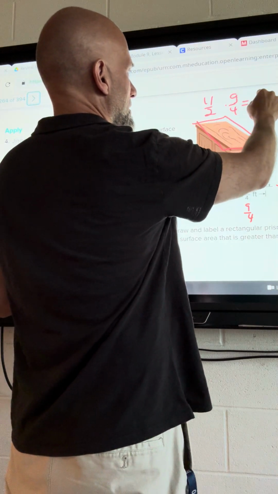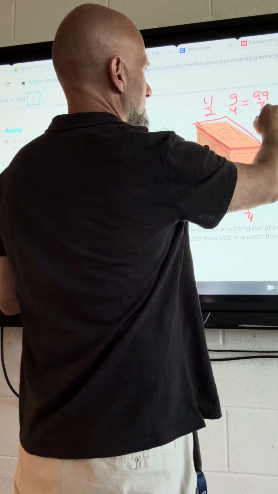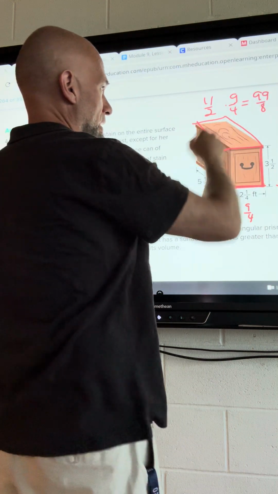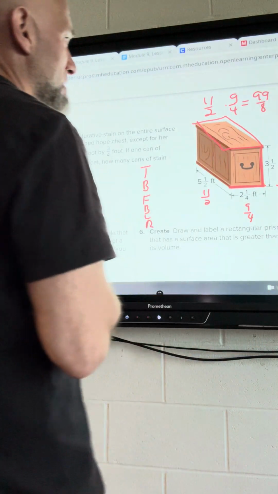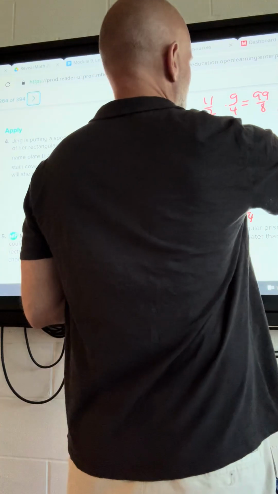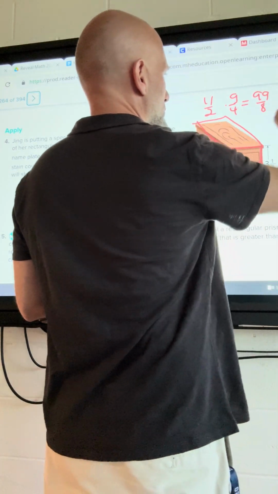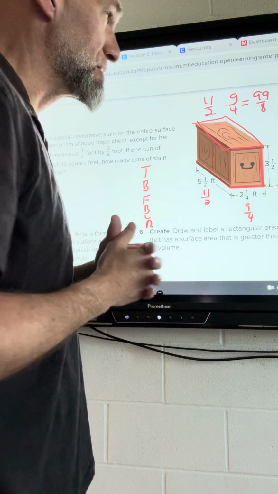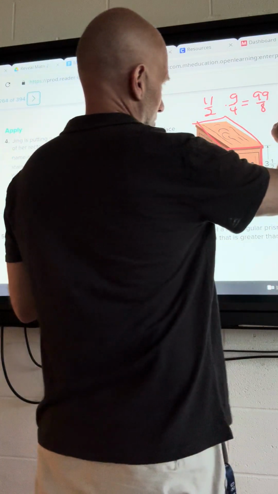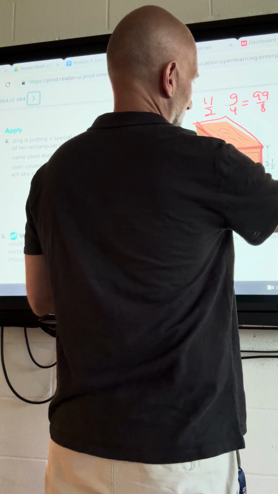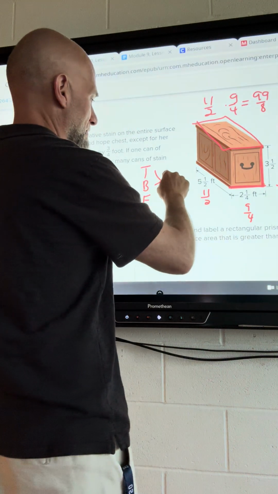When you multiply those together, you get 99/8. You're going to have 2 of those dimensions, so it's going to be 198 eighths for the top and the bottom combined.